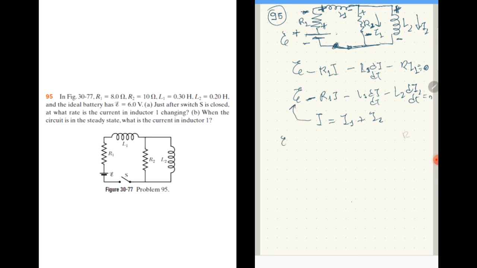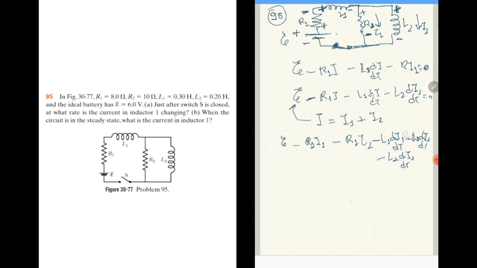So we get, I think I will separate the terms with current 1, but I will do that later. This is I1 over dt, and there is a last term here, this is 2.